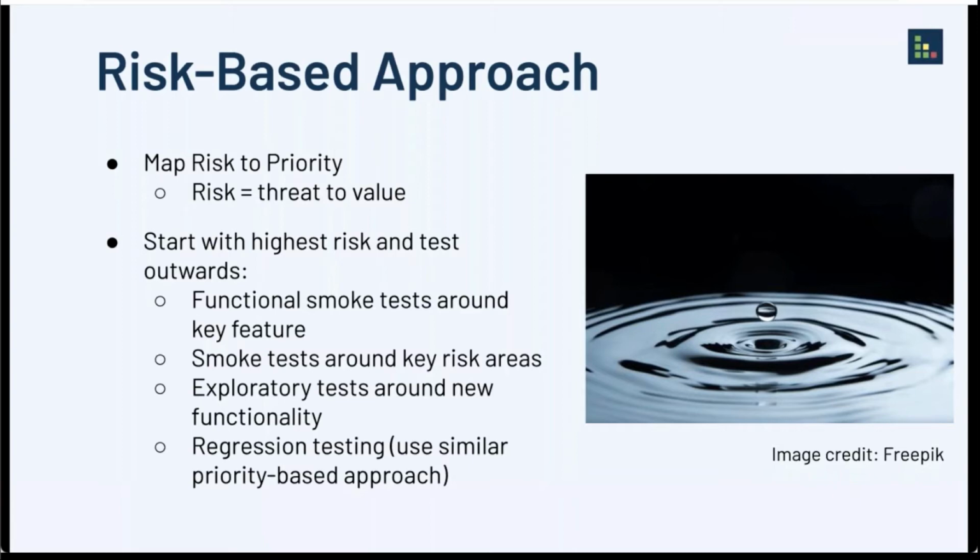And then there's obviously, you don't want to increase the number of bugs for the rest of the areas of the app just because you introduced a new feature, right? So this is where regression testing becomes super helpful.